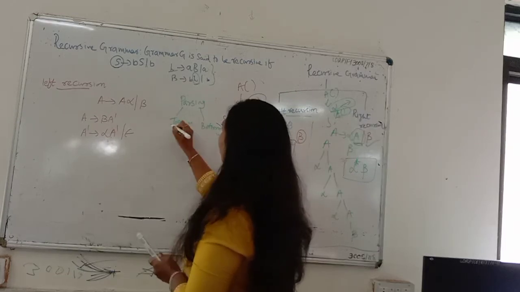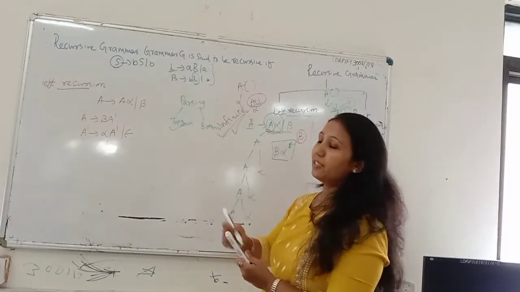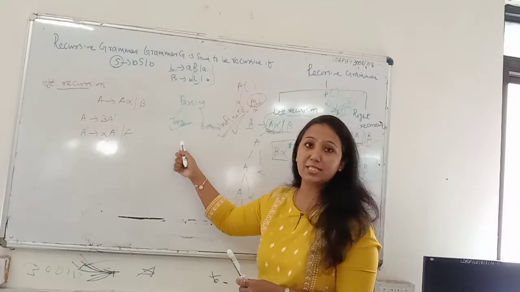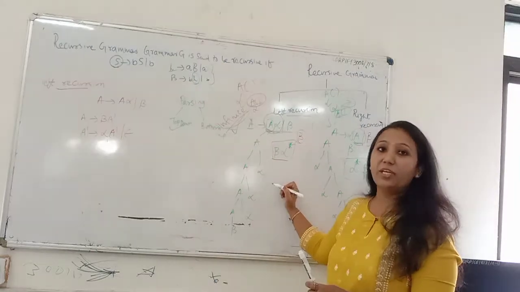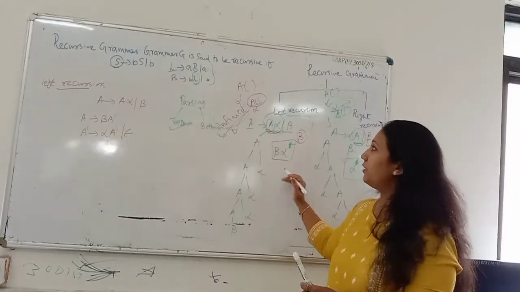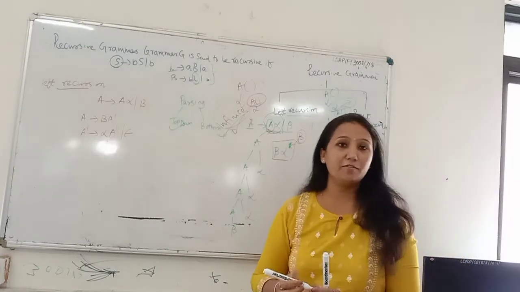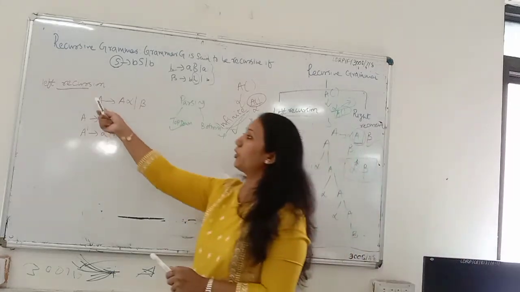Particularly when we are working with top down parsing, a left recursive grammar is not suitable for the top down approach, because there is a possibility of an infinite loop, as I discussed. Due to this, whenever the grammar is left recursive, we have to eliminate the left recursion from it. So let's see the production for this.